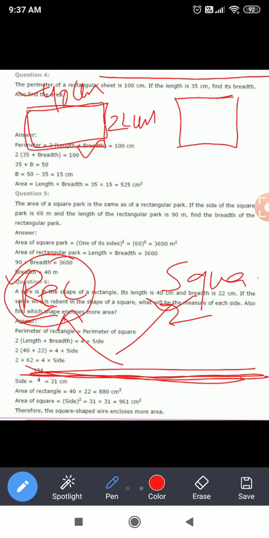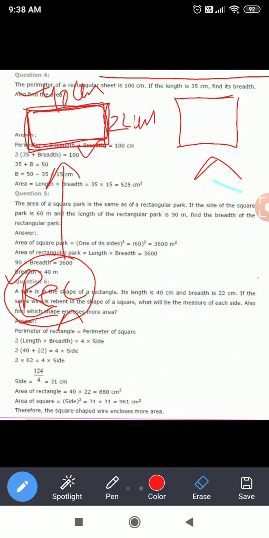I have told you that the total length is the perimeter, the distance covered around a plane figure, that is rectangle. So distance covered around the plane figure will be the length of the wire. So the perimeter of the rectangle and perimeter of the square will be the same in this case. So we will keep it same.